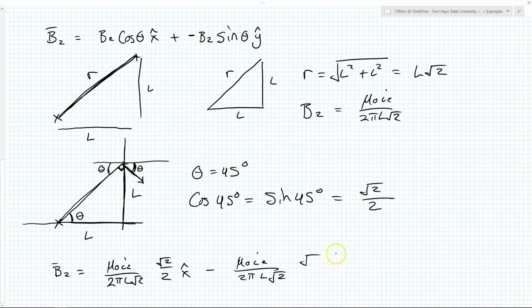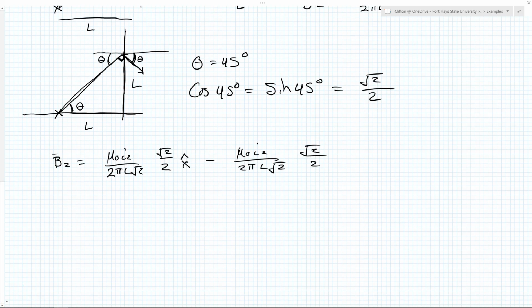And sine of 45 is also the square root of 2 over 2. So I have a square root of 2 in the numerator and the denominator. Let me just simplify this a little bit. It's going to be over 4 pi L, and that should be a negative sign.